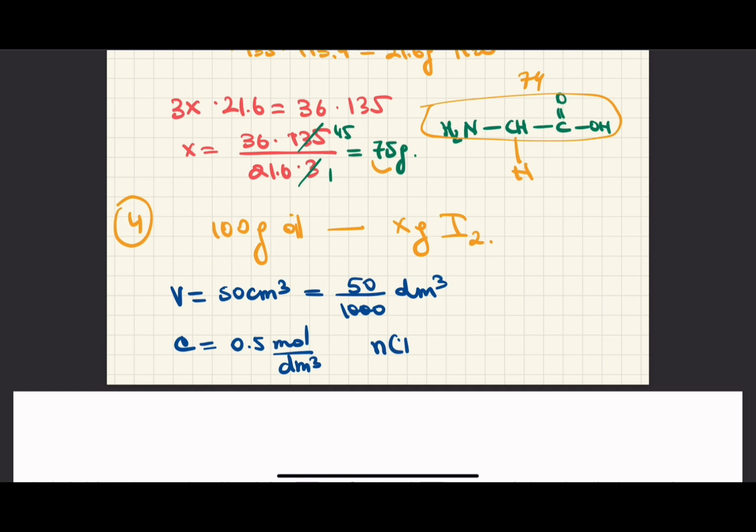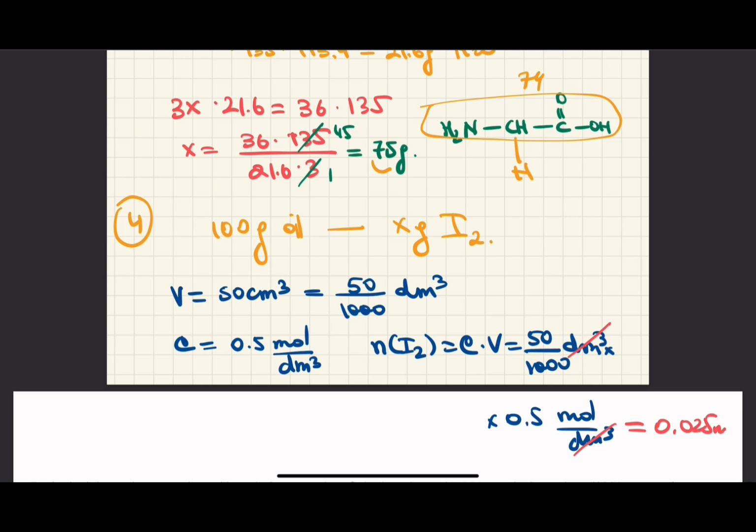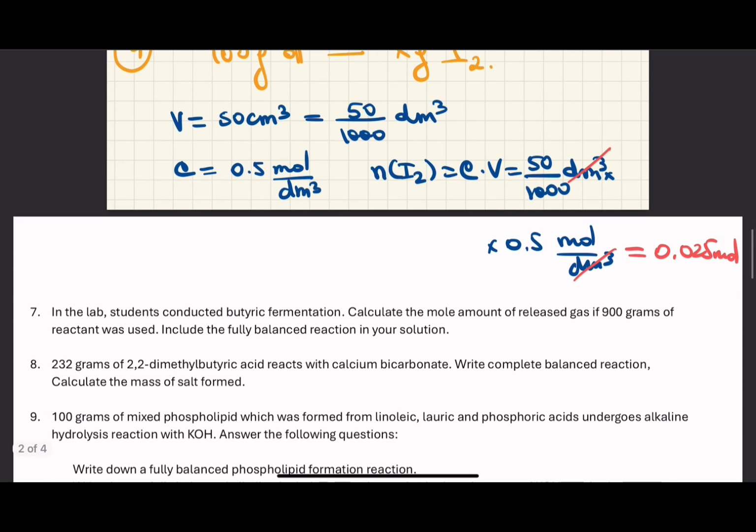So the mole amount of iodine would be just C times V, which is 50 over 1,000 decimeter cube, multiplied by 0.5 mole over decimeter cube. Now decimeter cube and decimeter cube cancel out, and what we're left with is 0.5 times 50 divided by 1,000, which is 0.025 mole of iodine.